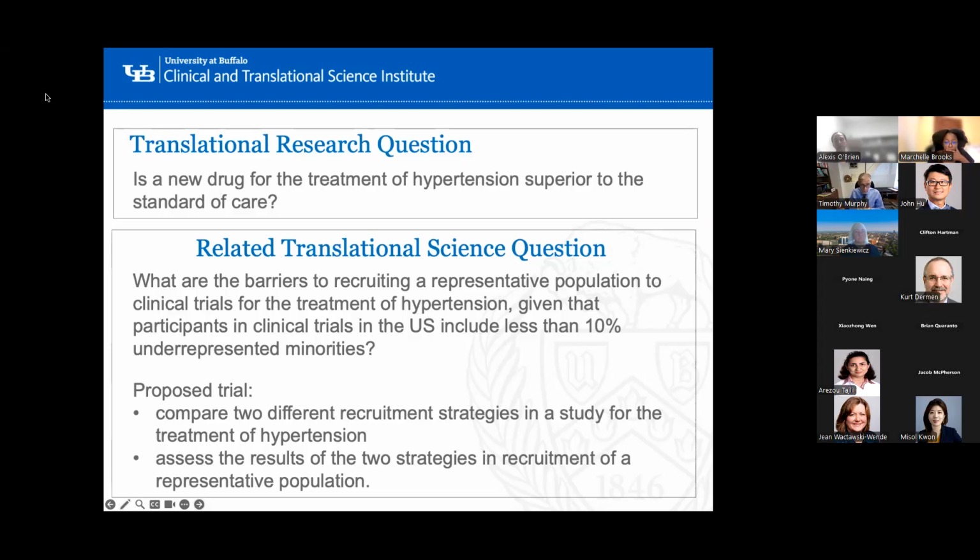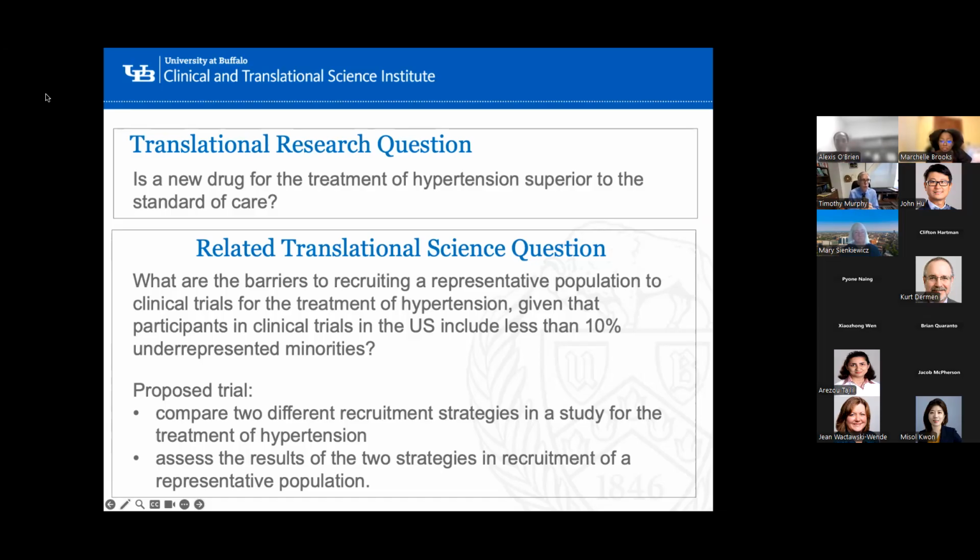So what you might do is do the trial. The person who's doing this isn't really as excited about a translational science question. Maybe they've been working on hypertension for 20 years in their career, and they have a drug that they discovered that's better. Well, you do your trial, but then you can compare recruitment strategies, for example, and look at the results of the two recruitment strategies.